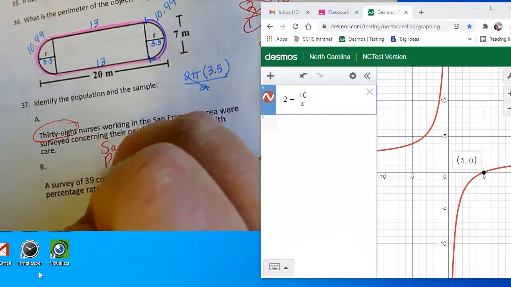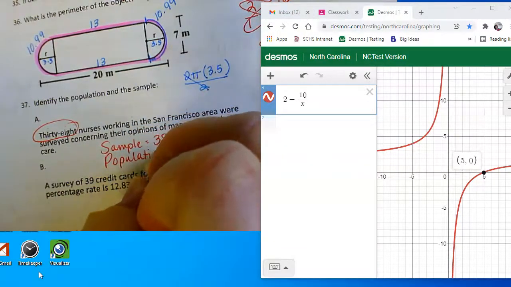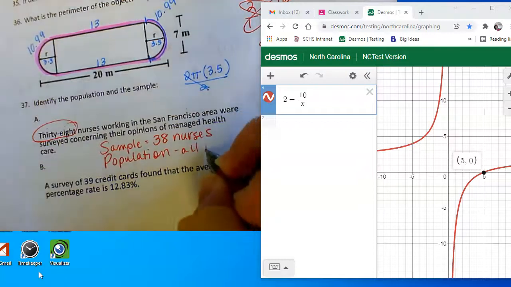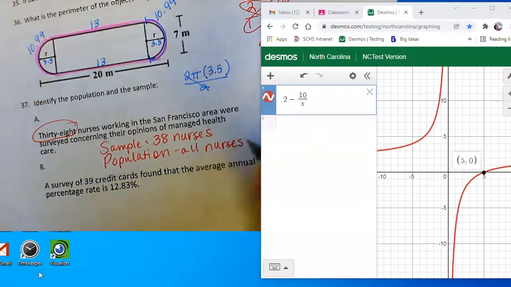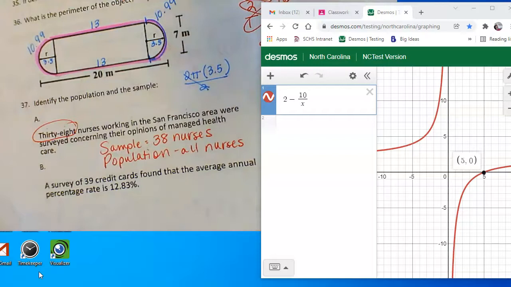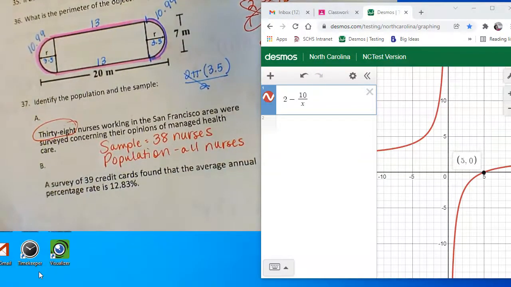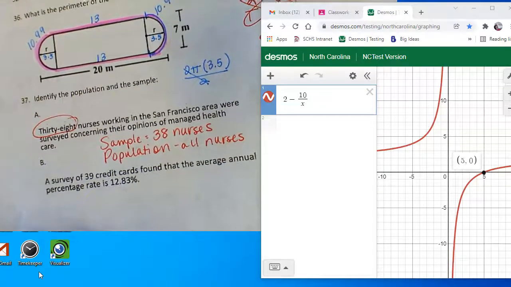So what do we think the population will be? All nurses, and it could be all nurses in San Francisco, it could be all nurses in America. We're not real sure where because they didn't give us a lot of information, but it's more than 38 nurses, and it's probably all of them in San Francisco since that was the area we were looking at.